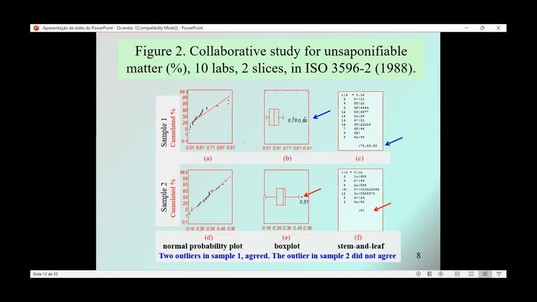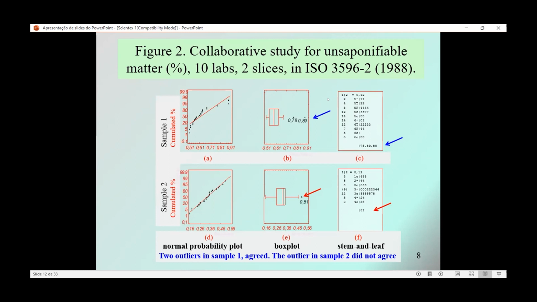Well, this experiment brings some relevant information. In sample 1, part A, we can see that the data do not fit well to the straight line of the normal probability plot presented here.